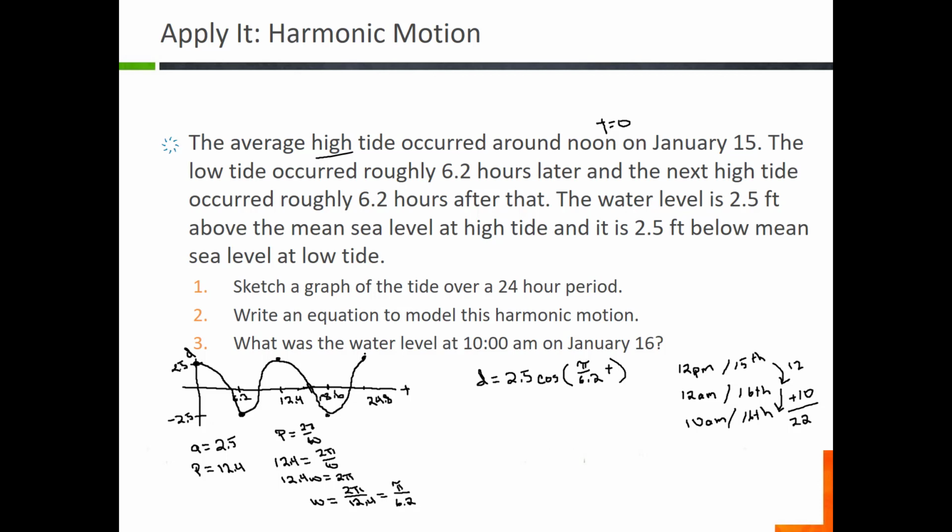on the 16th. So to figure out what the water level actually was, we want to know its displacement at 22 hours. So 2.5 times the cosine of pi over 6.2 times 22. And that's something we can compute on our calculator.